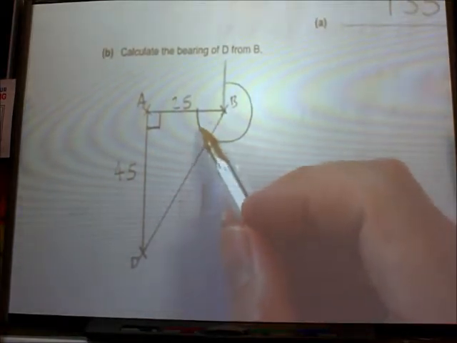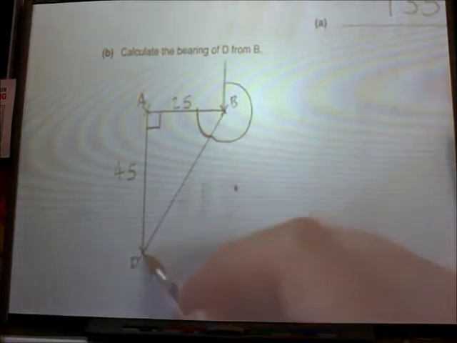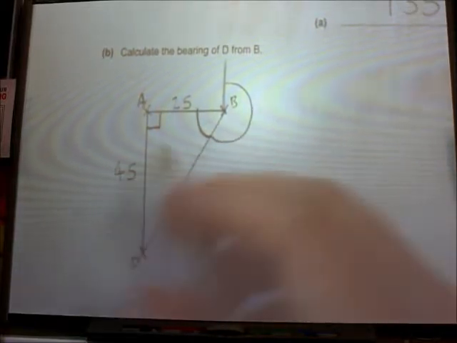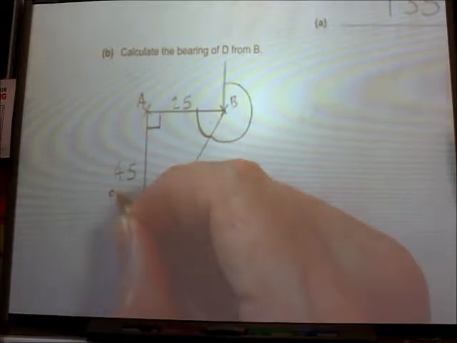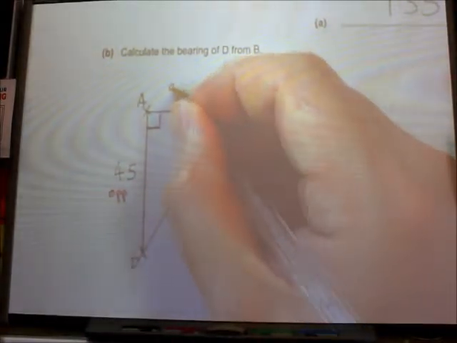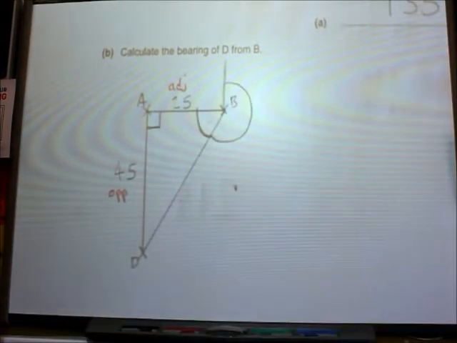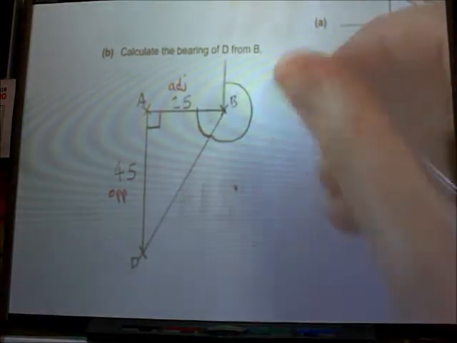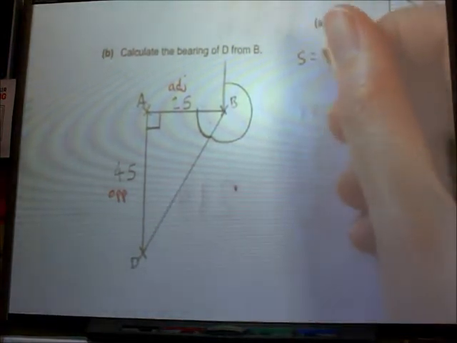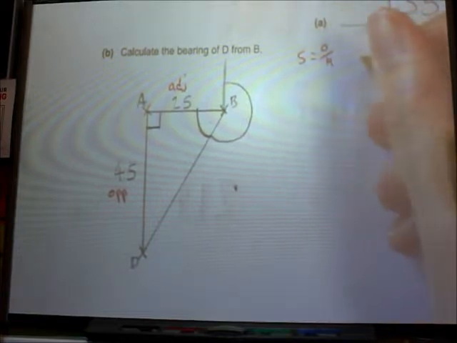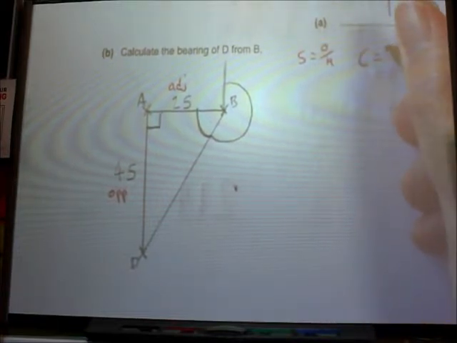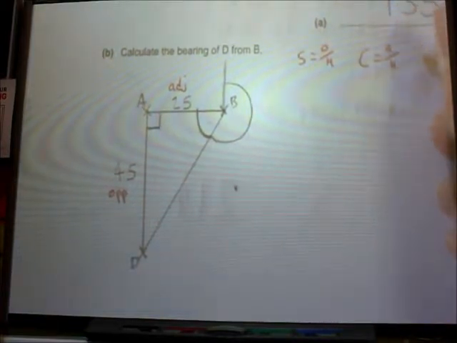Right, label your sides. There's your hypotenuse, that's your long side. This one here is opposite the angle, and that one is adjacent to the angle, so adjacent. So which one of your ratios, sine, cos, or tan?